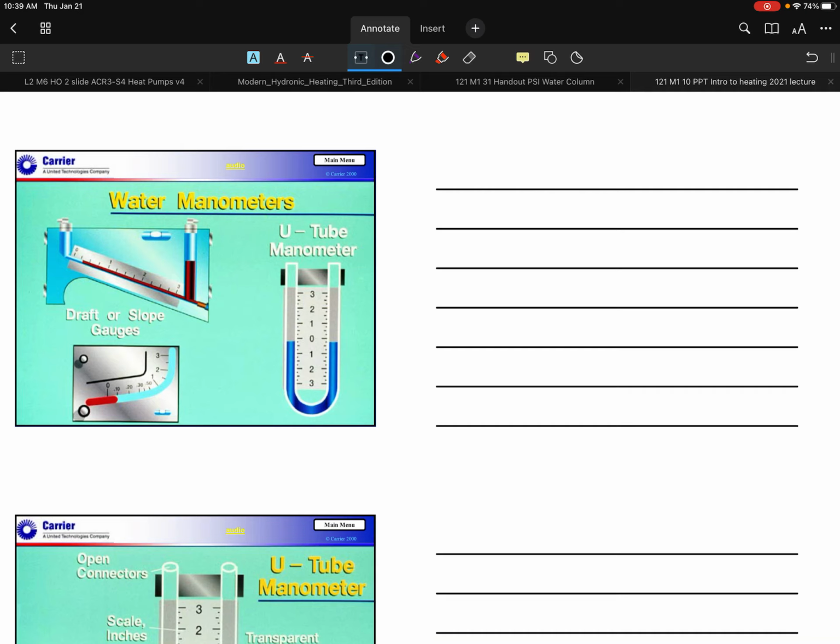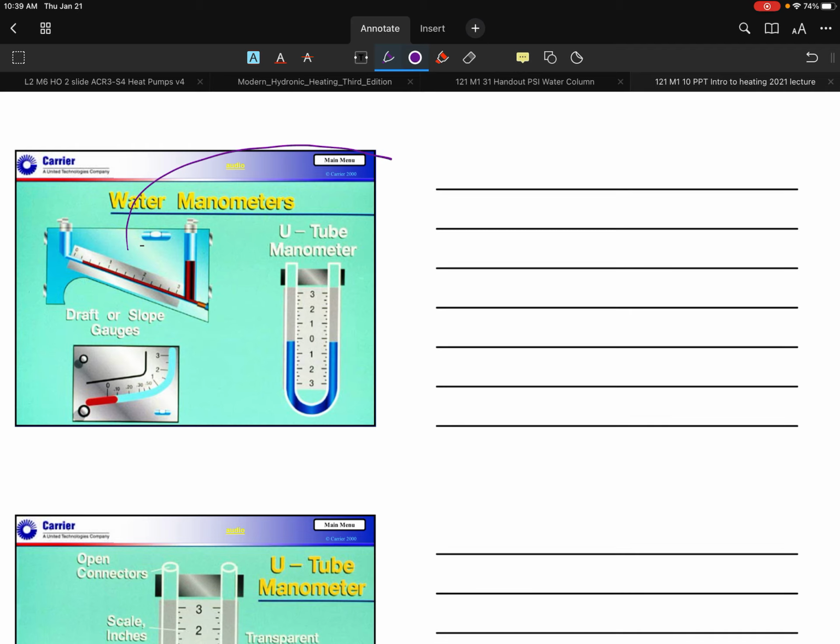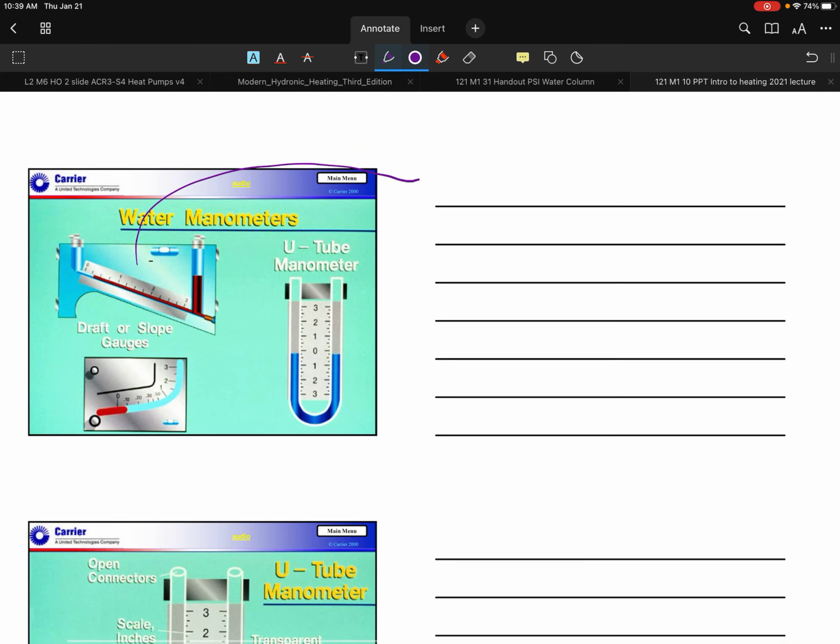An incline manometer would do a much better job for low pressures. The lower the pressure, the better suited it is for small pressures.